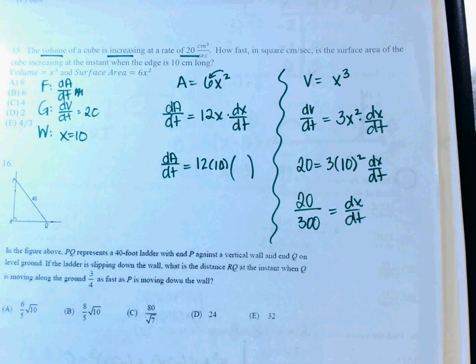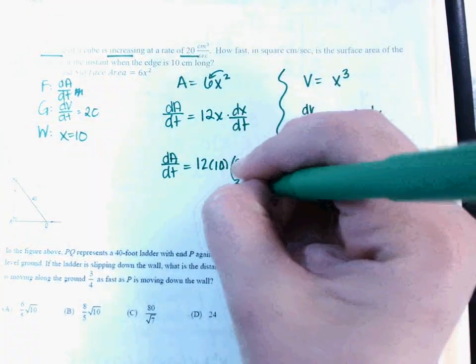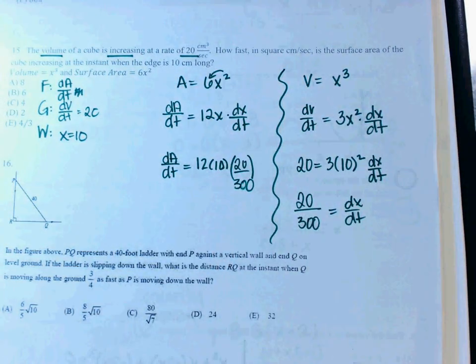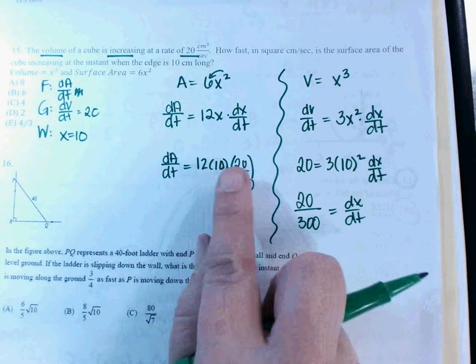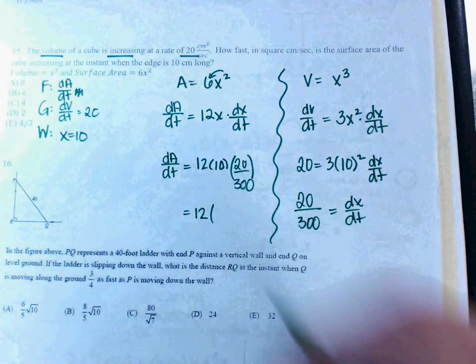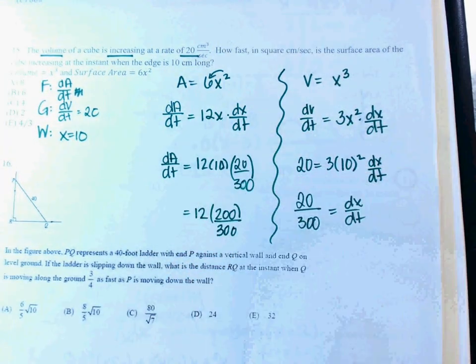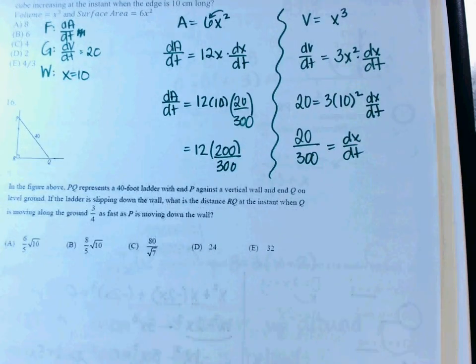Okay, so I'm plugging in 20 over 300. Now, this is what I would do. What is 100 times 20? That'd be 2000, yeah? And if that's over 300, do y'all remember if you cross out the same number of zeros on the top and the bottom, it's allowed?